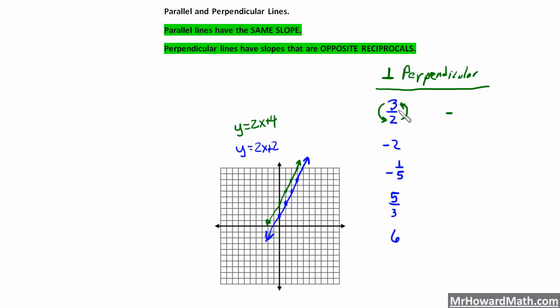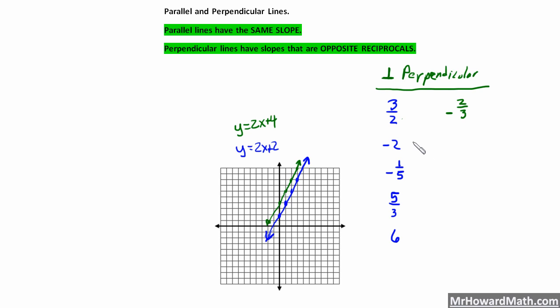The reciprocal of a fraction is where the denominator becomes the numerator and the numerator becomes the denominator. So the bottom number comes on top, the top number comes on bottom. Instead of 3/2, we're going to have 2/3, and we already changed the sign. So these two slopes would be perpendicular slopes. Again, slope is the key. That's the whole key to parallel and perpendicular lines: the slopes and how they relate to one another.